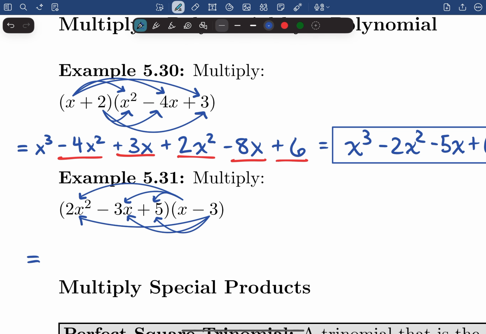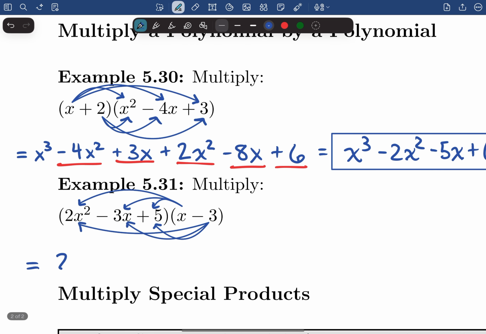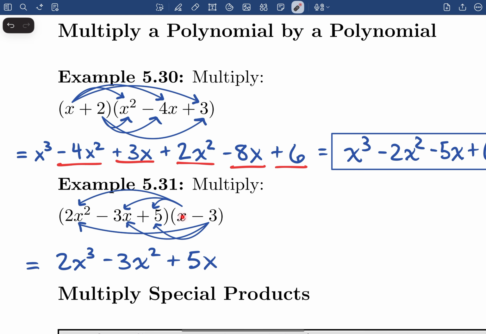Okay, so here I go, x times 2x squared. That gives me a 2x cubed. And x times negative 3x is a negative 3x squared. And x times 5 is a 5x. Okay, so I've just multiplied this x with all 3 of these terms.